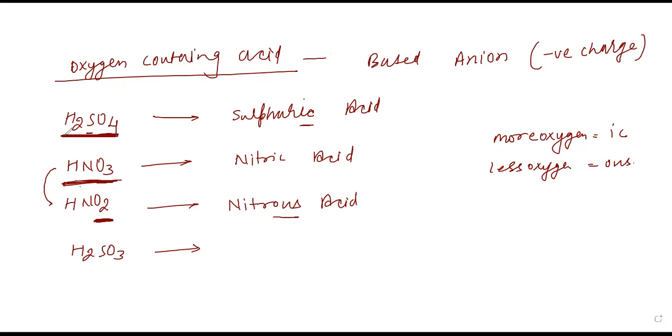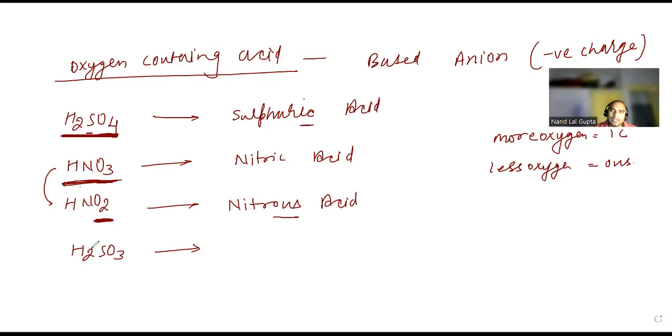I will tell you, this sulfuric acid, IC, is the mother acid. Till now you must be learning about sulfuric acid. So sulfuric acid we are considering the mother acid. If you ask how we can understand the mother acid, you need to understand in the next class where we study the oxidation number.